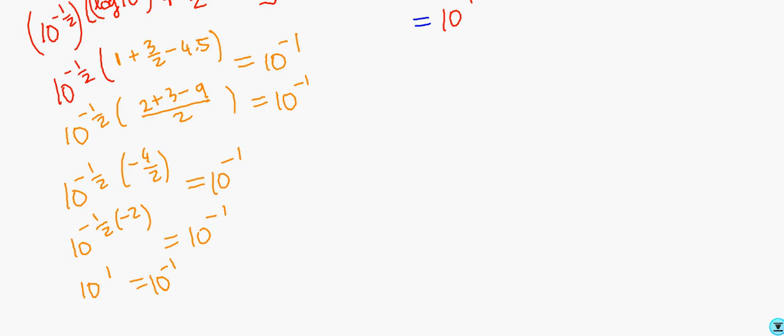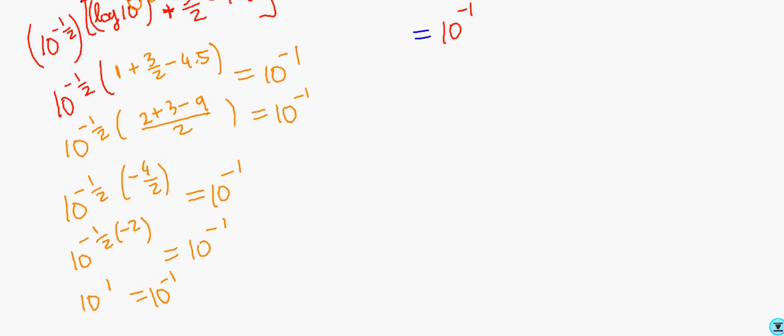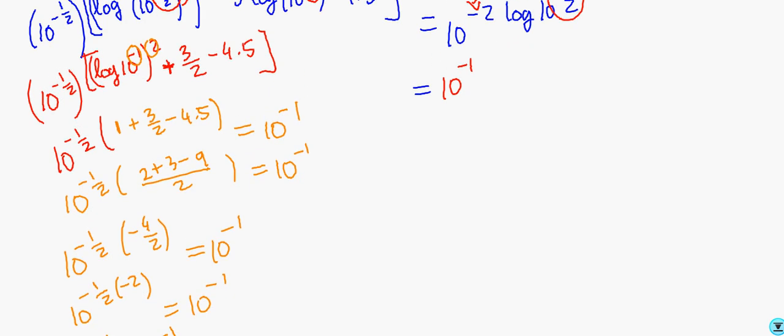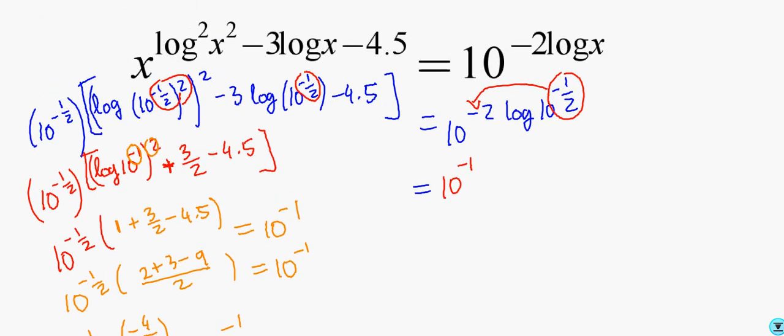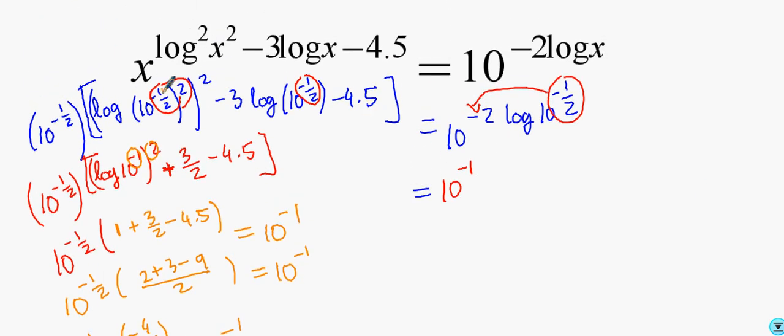Let's make sure that there's no mistake here. So let's go up here. So this here was negative 1.